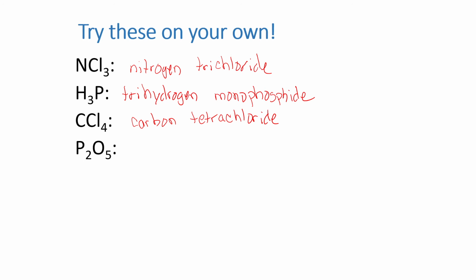P2O5. I have 2 phosphorus, so that's diphosphorus. 5 is pent or penta. Now, oxygen is an O, so I'm going to drop the A from penta and just make it pentoxide.